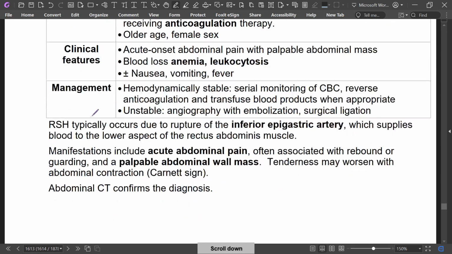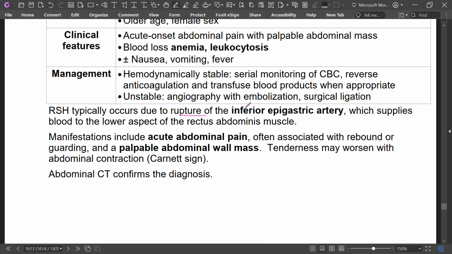Rectus sheath hematoma typically occurs due to rupture of the inferior epigastric artery, which supplies blood to the lower aspect of the rectus abdominis muscle. If this artery gets injured, it may cause rectus sheath hematoma.